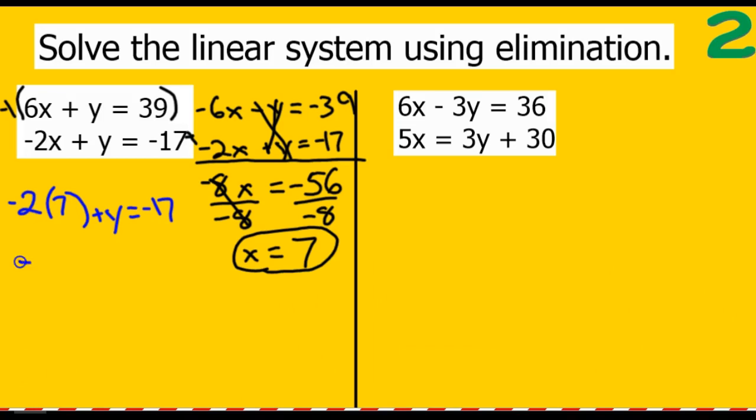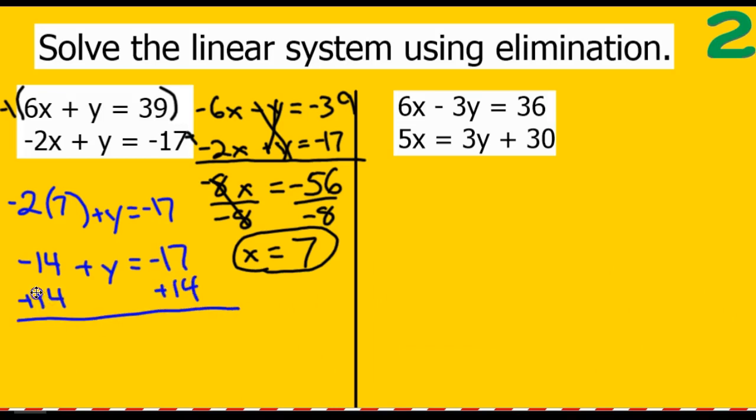Negative 2 times 7 is a negative 14 plus y equals negative 17. I'm going to add 14. So we get y equals a negative 3. So our solution then would be 7, negative 3.